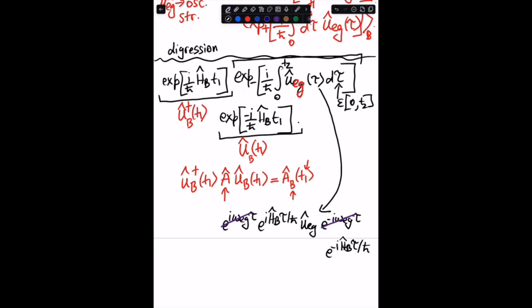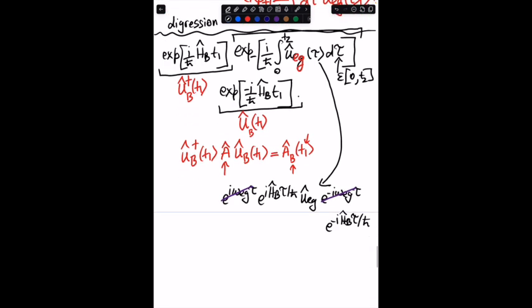So essentially, if you think about it, your energy gap operator has these two terms, e^{iHbτ} and e^{-iHbτ}, on either side.